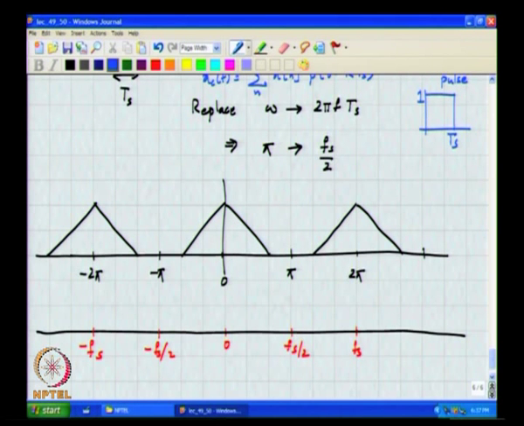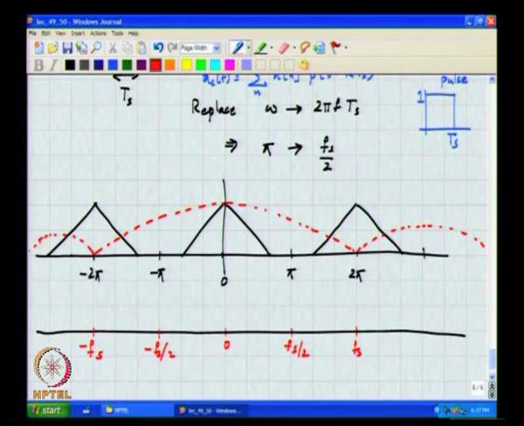Okay. So, in other words, the spectrum of the NRZ DAC will be something like this. Okay.